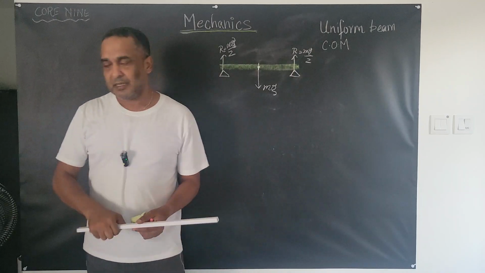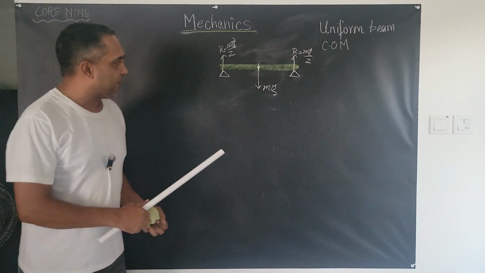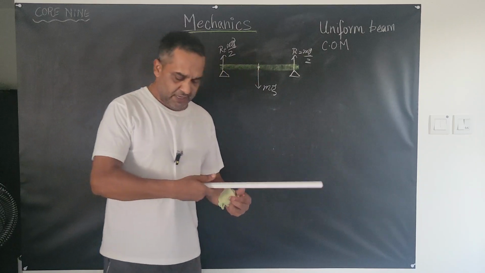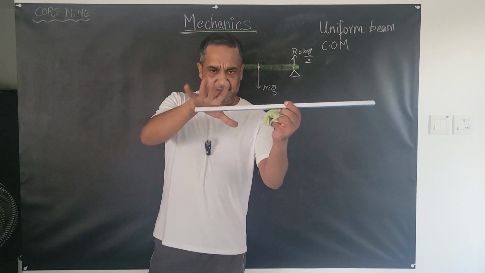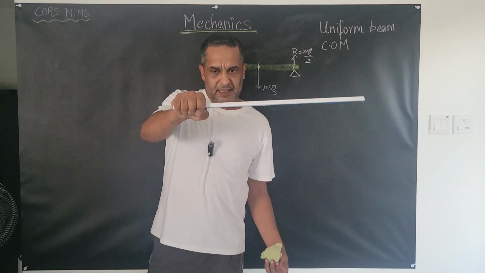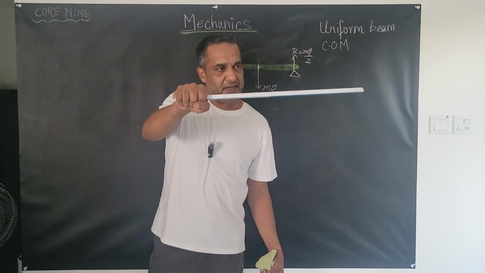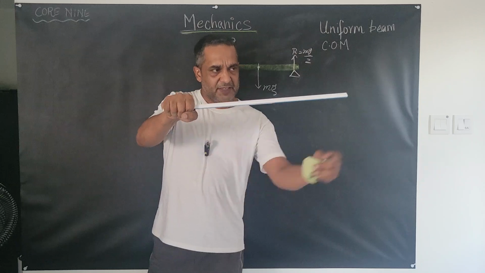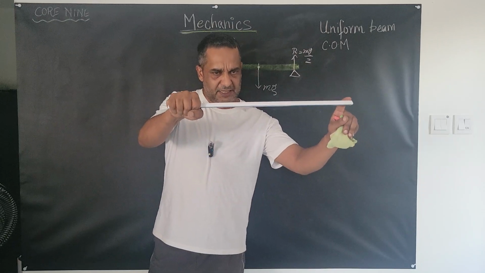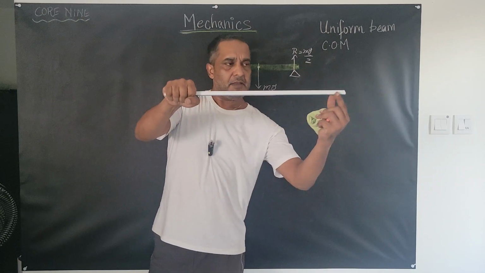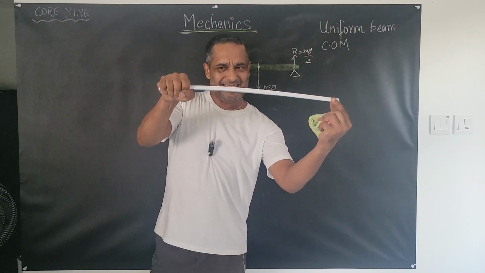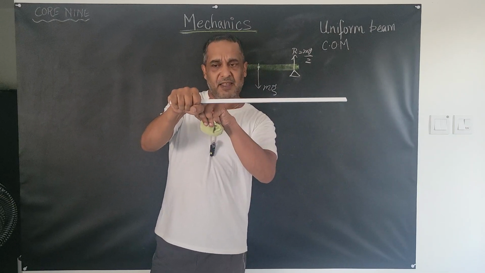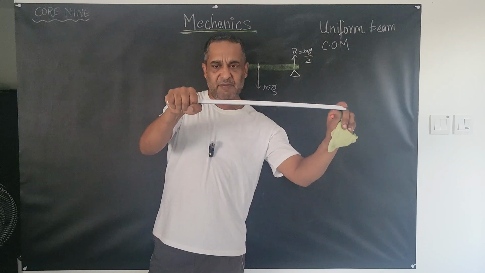Now we'll play a little bit with this beam example. If I were to hold this beam in my hand like this, now it's fixed on one end. In the sense that this side is fixed, any pressure this thing feels, it's really not a straight line force that is exerted here.